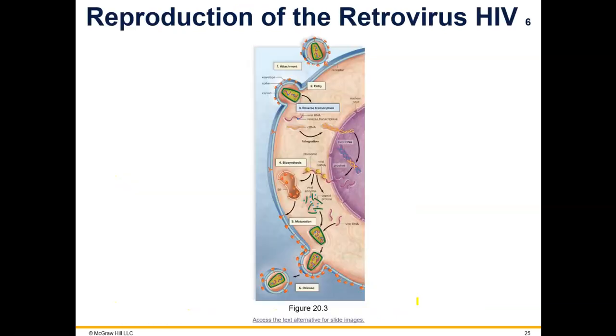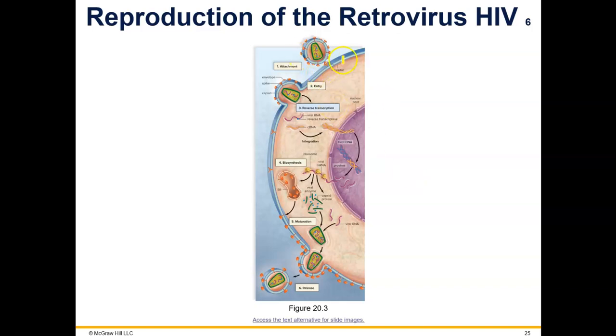Okay, retroviruses work by attachment, when glycoprotein spikes in the envelope, because these are enveloped viruses, attach to a receptor on the host cell. HIV's host cell is called a helper T cell, which is one of our white blood cells, a type of lymphocyte.